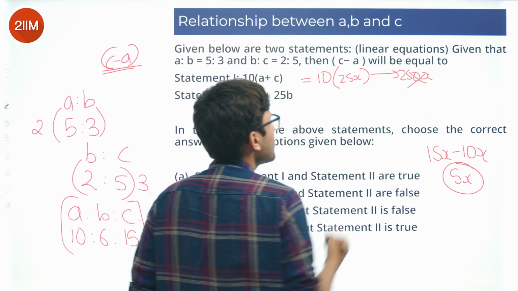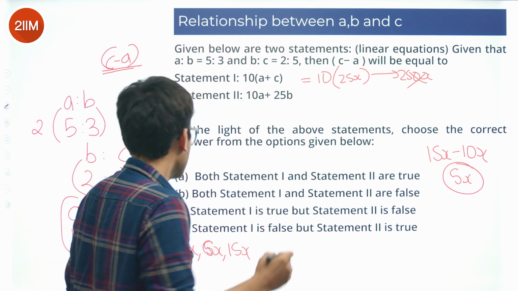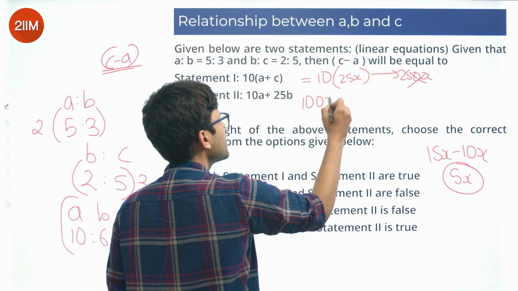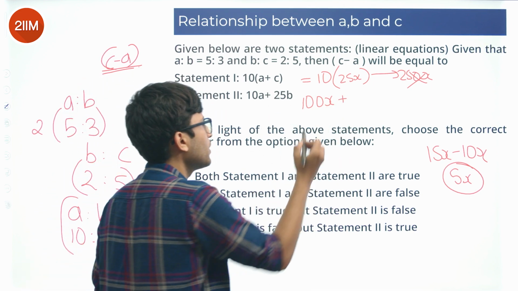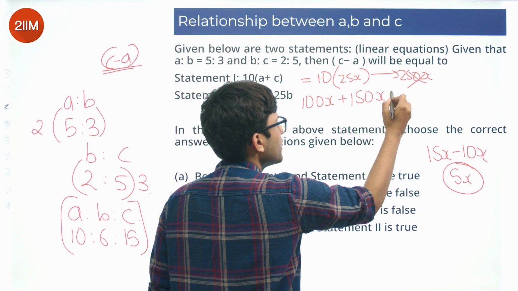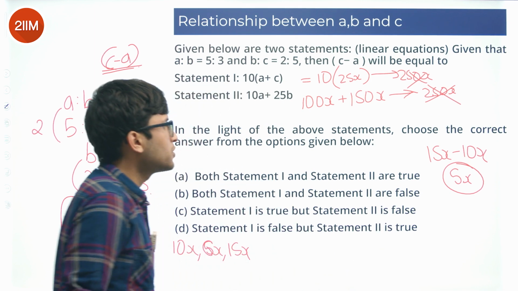Not the case. This is not the value. 250x is not equal. And the next being 10a, which is equal to 100x plus 25b, 25 into 6, which is equal to 150x. So even this is 250x and it is not equal to C minus A.